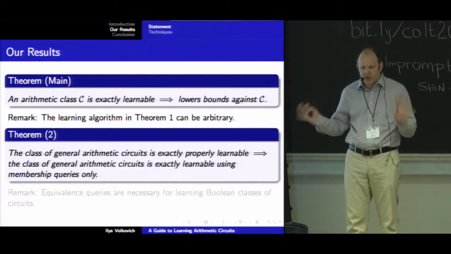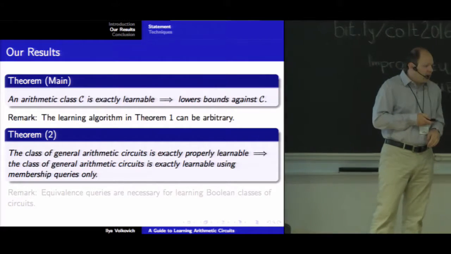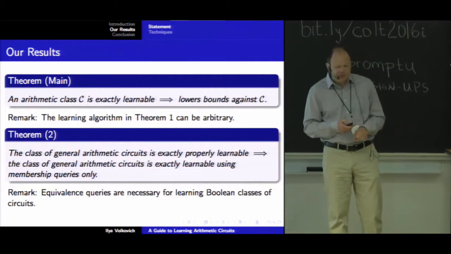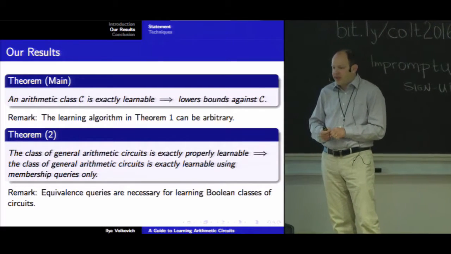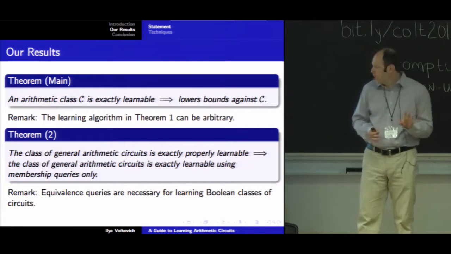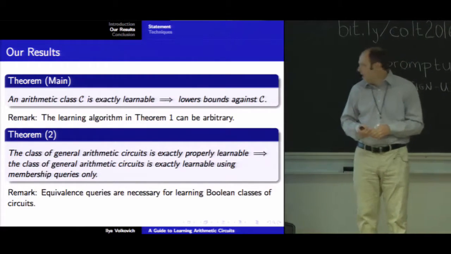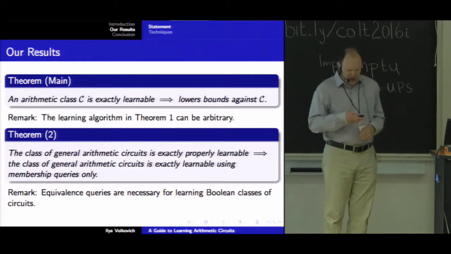We can do with membership queries alone. This is quite an interesting result, because we know in the Boolean case this is by far not the case. In Boolean, we have many examples of classes where, if we do away with equivalence queries, then you have an exponential requirement for the number of queries.